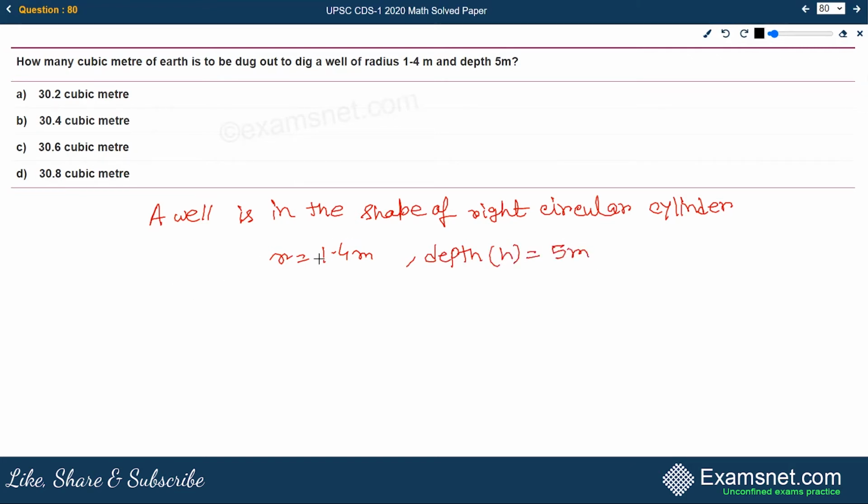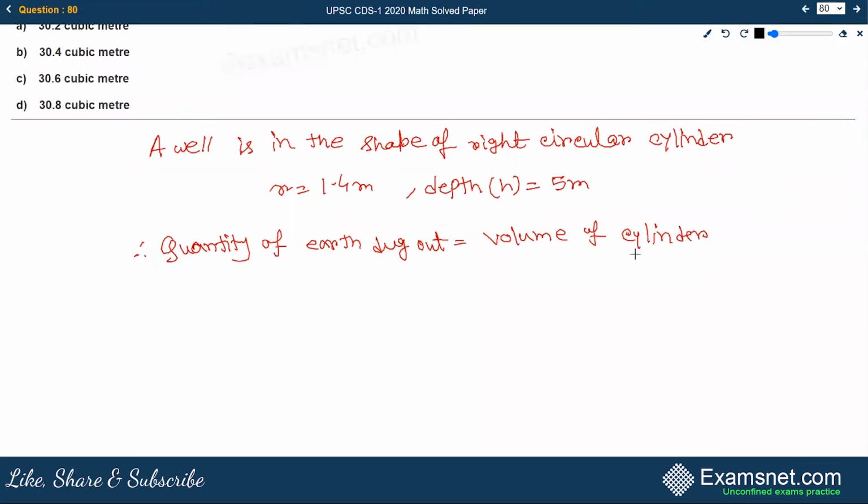So the quantity of earth that is going to be dug out will be equal to the volume of the cylinder. We know the formula for finding the volume of a cylinder: pi r square h.